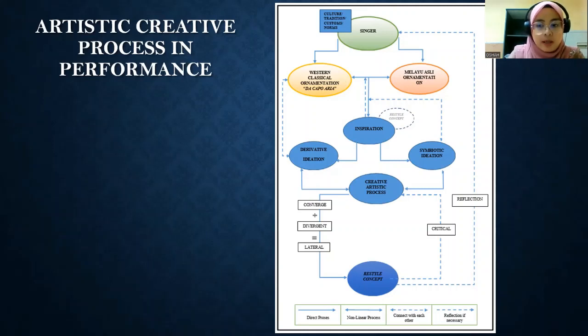Da Capo Aria means, in the Baroque era, for aria, they always have the form of ABA, which is the repetition of A. We call it Da Capo Aria. In the repetition of A, the singers will always do embellishment.